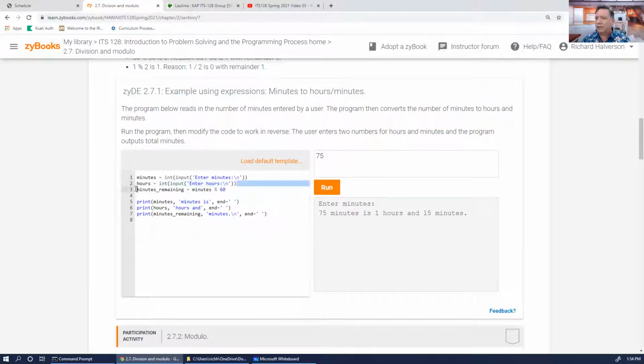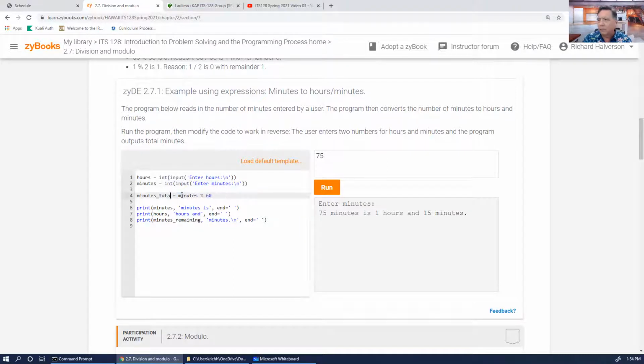In fact, I'm going to ask the hours first. Then I'm going to ask the minutes. And I'm going to say minutes total equals hours times 60 plus minutes.